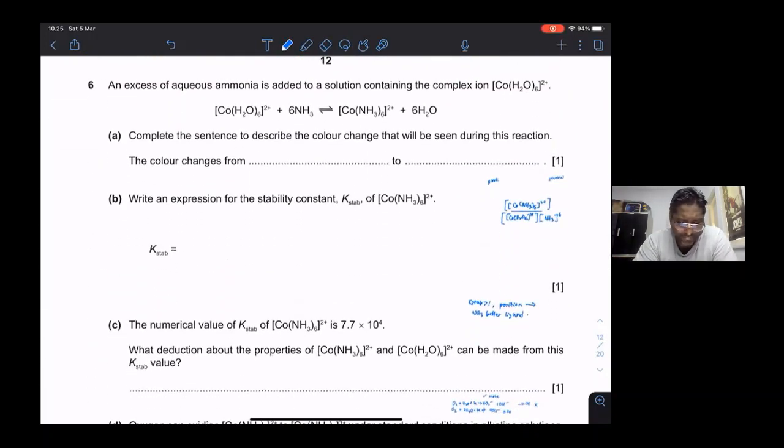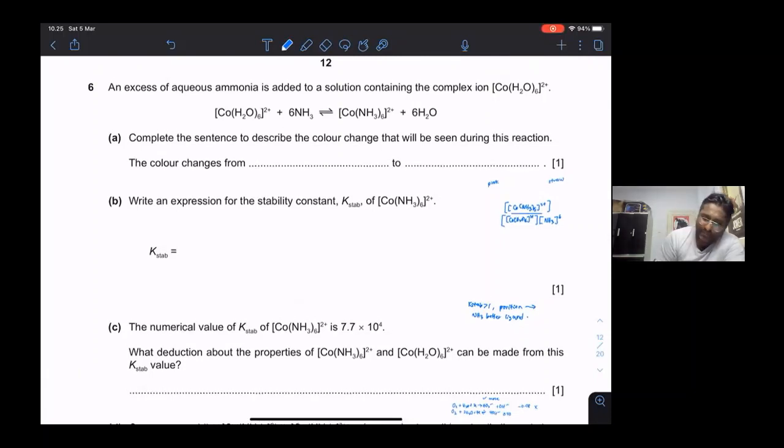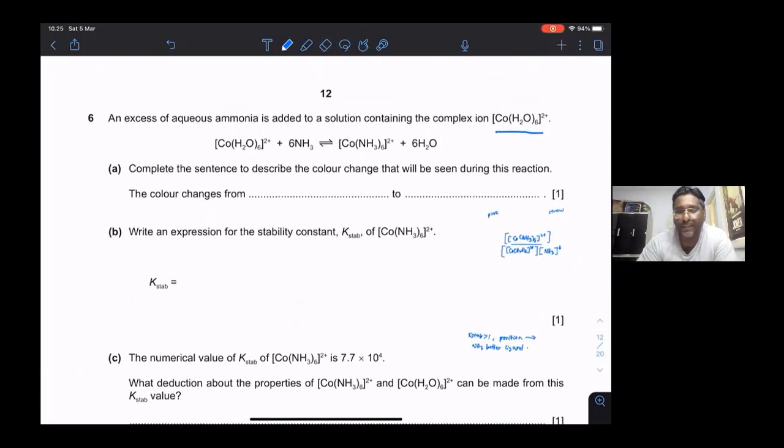An excess of aqueous ammonia is added to a solution, still something like transition elements, so you are adding it to a complex ion. Cobalt 2 plus is always written in this form. Cobalt 2 plus you should know is pink in color.